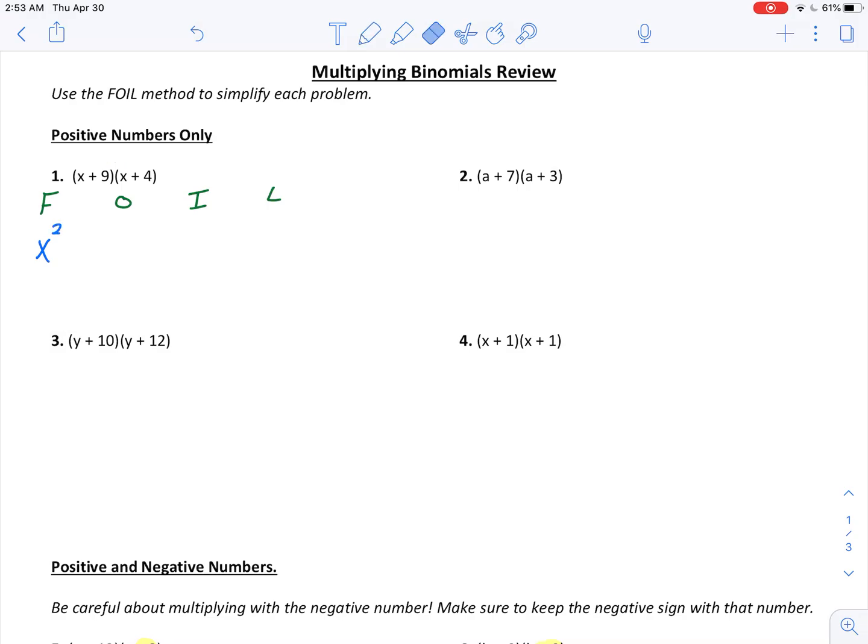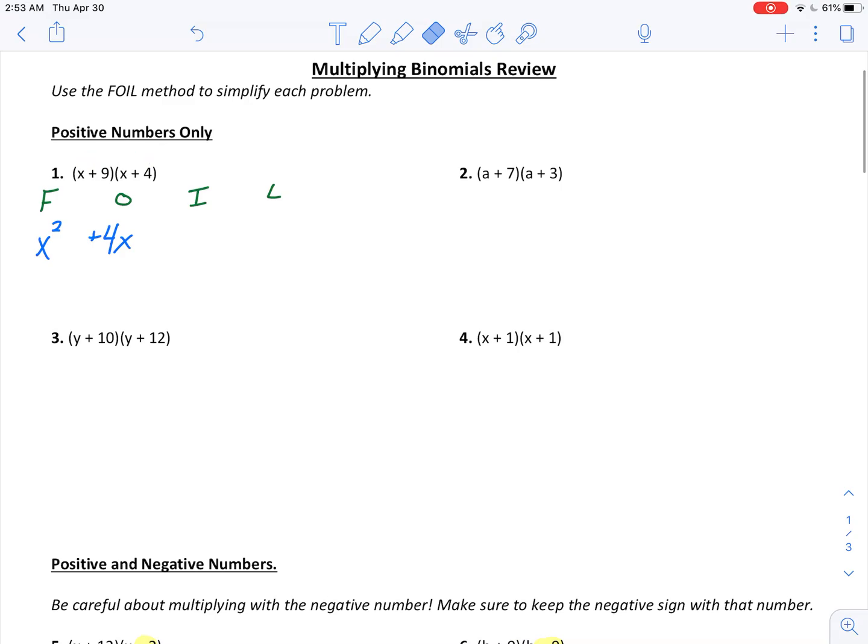And then we've got the outer. The outer 2x times 4 is 4x, and it's a positive 4x. And we'll do the inner product. 9 times x is a positive 9x. And then the last product is the last two numbers, positive 9 and positive 4. If I multiply those together, I get a positive 36.